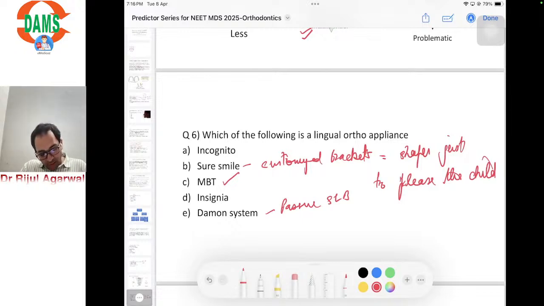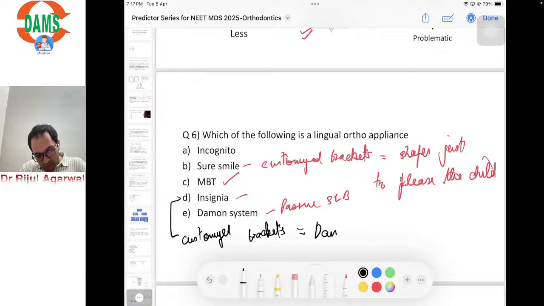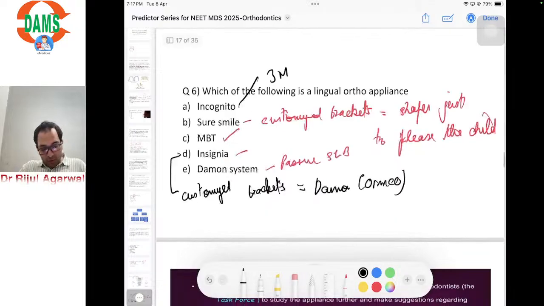Insignia are the fully customized brackets, given by the Damon, or you can say Ormco company, and Incognito is the lingual orthodontic appliance, given by the company 3M. Damon and Ormco also have lingual brackets by the names STb and Alias.